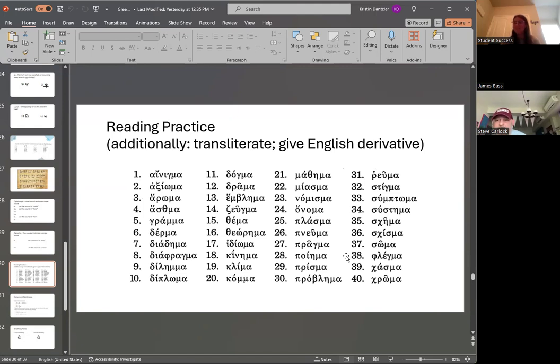So Soma, would that be like to come to see or something like that? Soma actually refers to the body. Okay. So what's that in English? Somatic? I was trying to relate it to Spanish, because asomar for us is to go to the window and look to the distance.